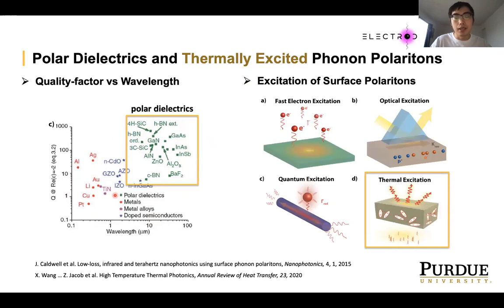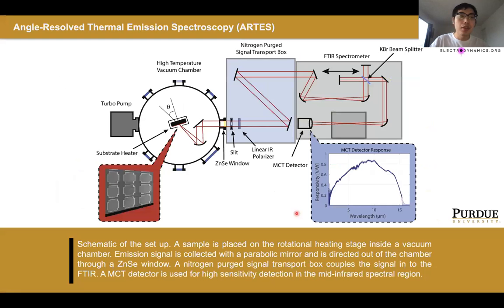Another very important feature of polaritonics is that they are generally high temperature stable. The phonon polaritons can be thermally excited by heating the samples to high temperatures. We don't need any other complicated excitation techniques like fast electron excitation, optical coupling, or quantum excitations.